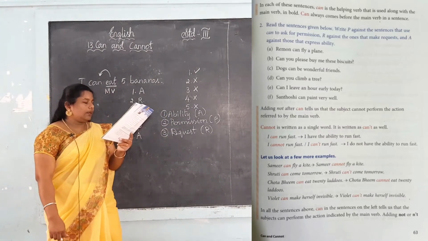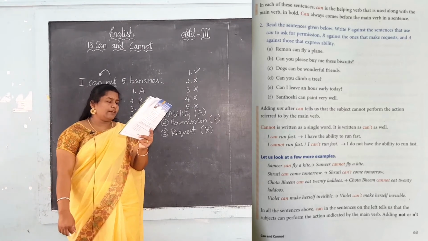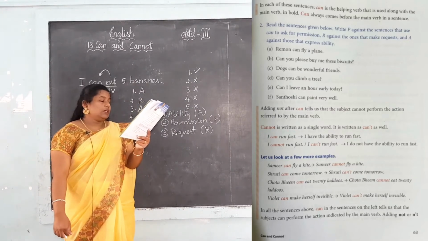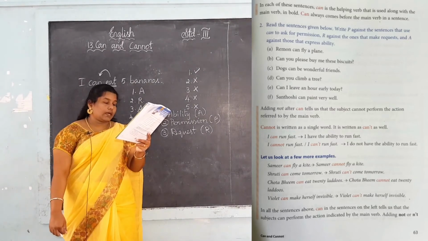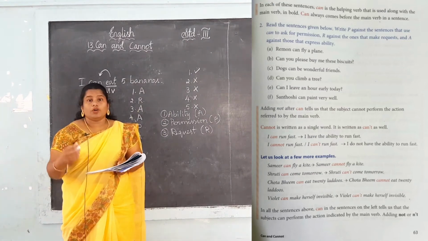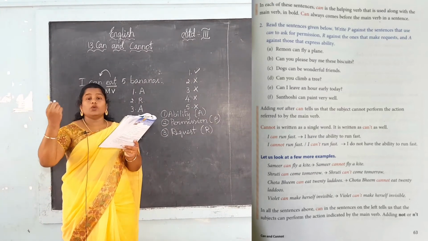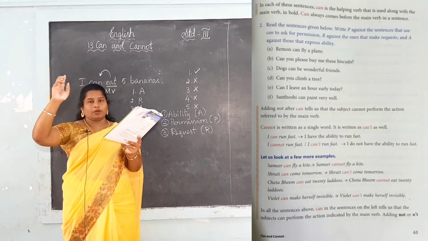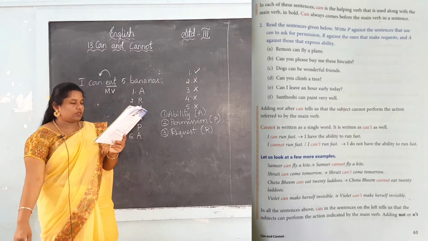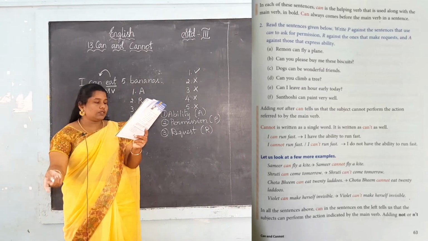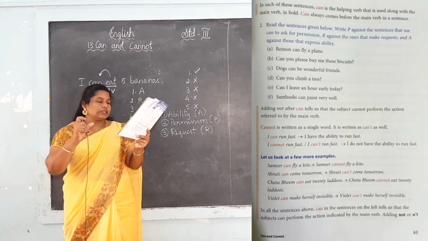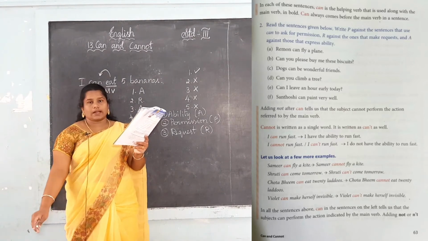Okay, see, let us look at a few more examples. Samir can fly a kite. சமீருக்கு என்ன செய்ய முடியும்? கைட்டை வந்து பறக்க விட முடியும். கைட்டை ஃப்ளை பண்ண வைக்க முடியும். See, next one, that is the negative sentence. What is the negative sentence? Samir cannot fly a kite.